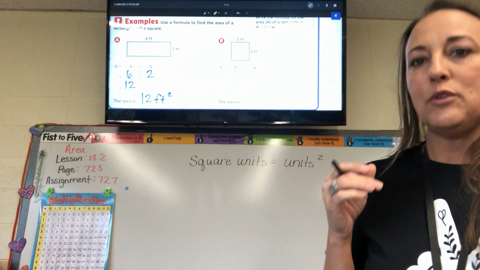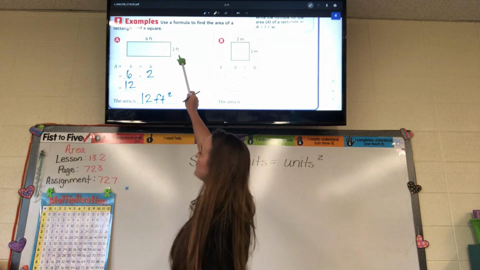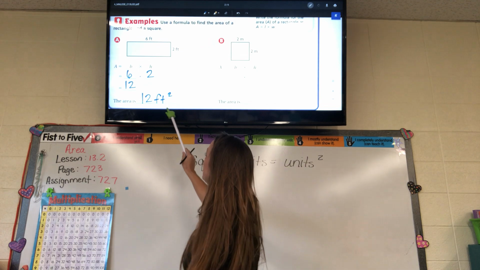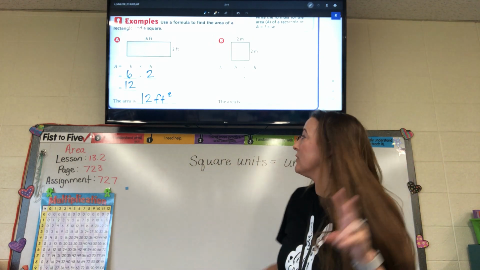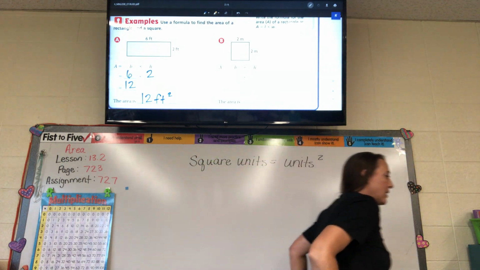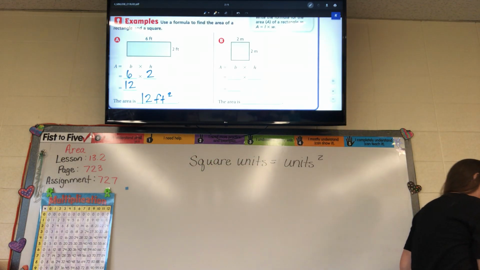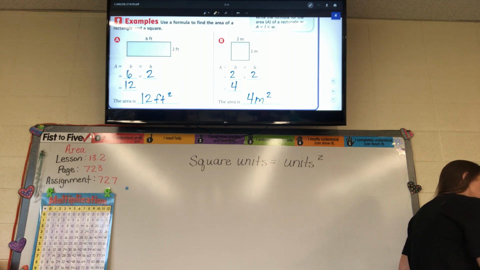So make sure that you put that, since we're measuring in feet and we're multiplying two numbers together, we need feet squared. On the next one, our base is 2 and our height is 2, and 2 times 2 is 4, so the area of B is 4 meters squared.